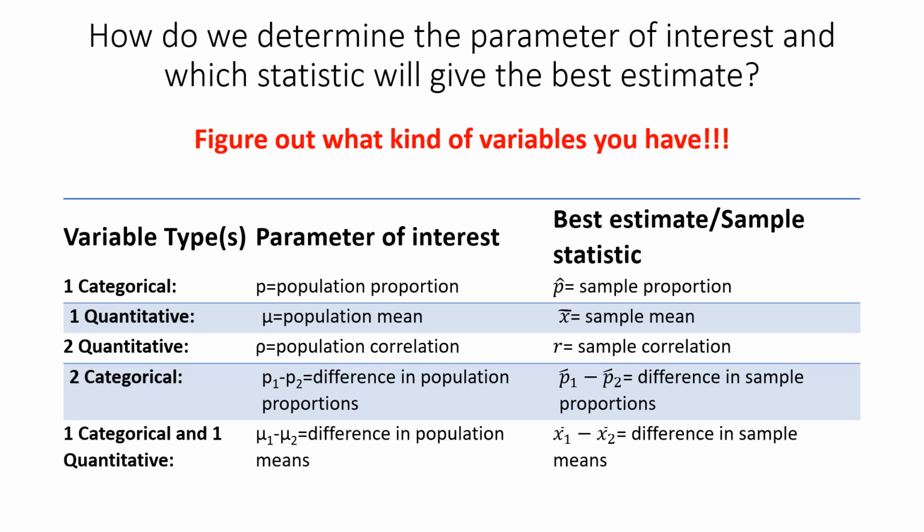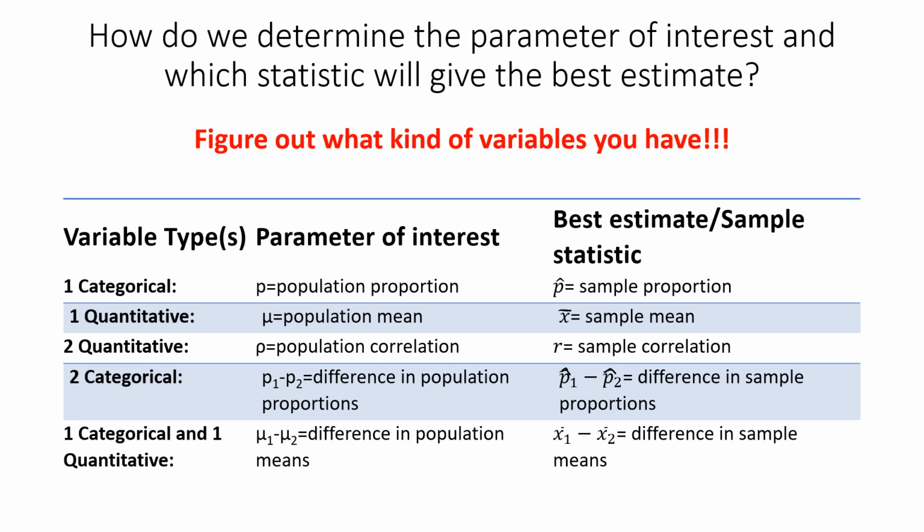With two categorical variables, we're interested in the difference in the population proportions, P1 minus P2, which we estimate using the difference in the sample proportions, P1 hat minus P2 hat.